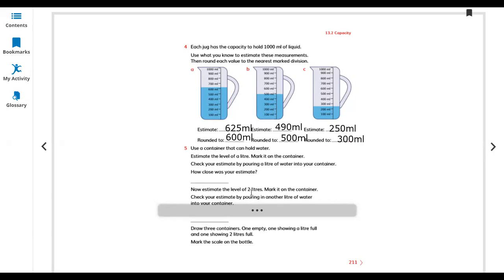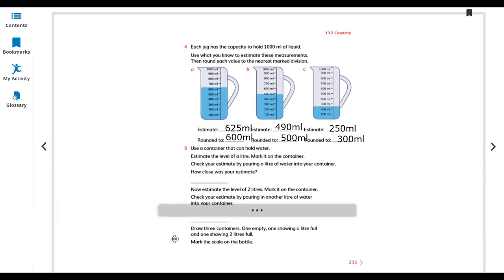Use a container that can hold water. Estimate the level of a liter of milk. Mark it on the container. Check your estimate by pouring a liter of water into your container. How close was your estimate? This you can do. This is practical.